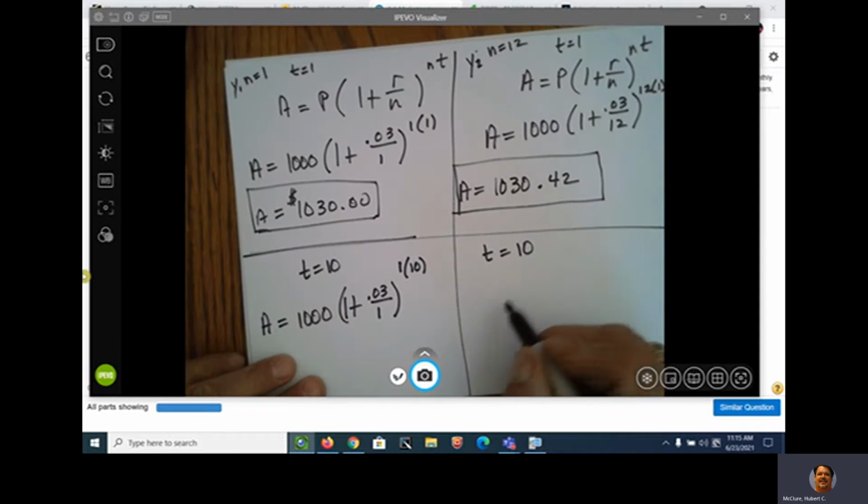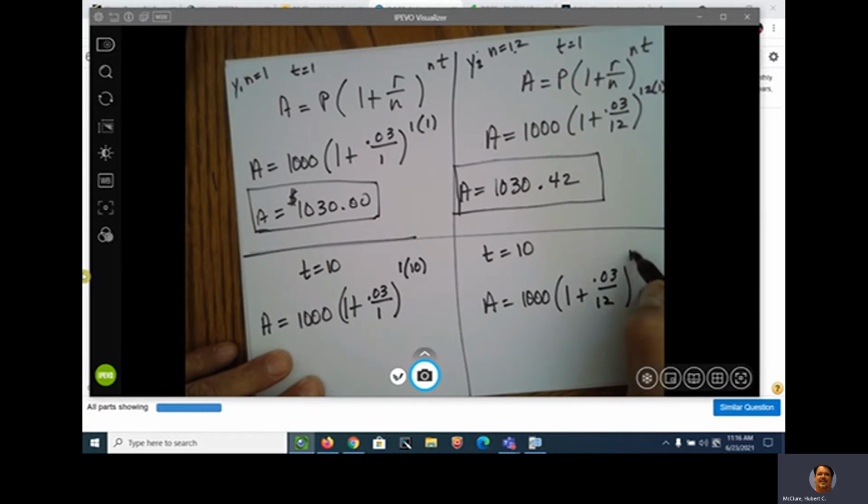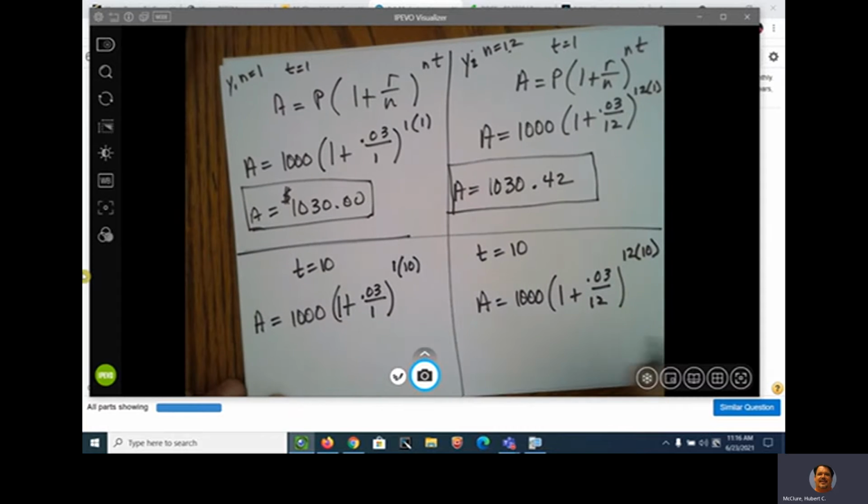And over here, A is equal to 1,000 times 1 plus 0.03 divided by 12, raised to the 12 times 10, because t is equal to 10. You're going to multiply it by n.